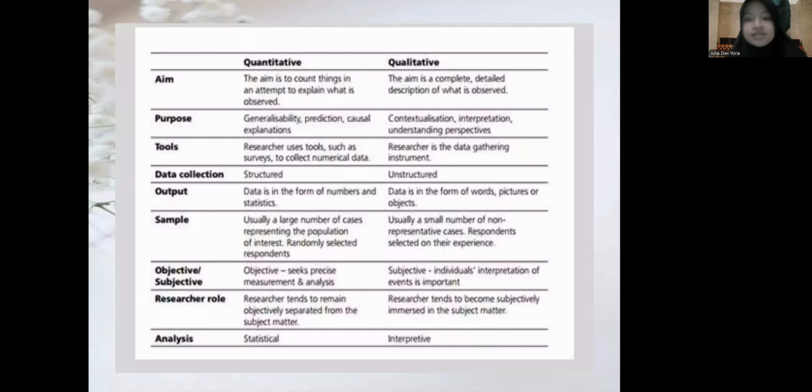But in qualitative, this is subjective, because individuals' interpretations of events are really important. And in the researcher's role, the researcher tends to remain objectively separated from the subject matter. That's for a quantitative. But in qualitative, the researcher tends to become subjectively immersed in the subject matter. And the analysis, as we know, quantitative is more statistical, but in a qualitative, this is interpretive.